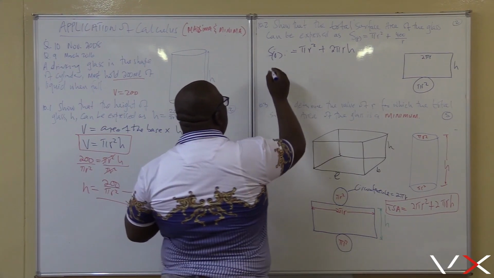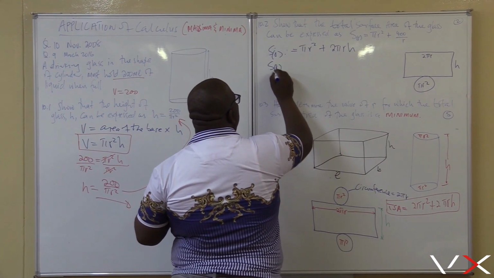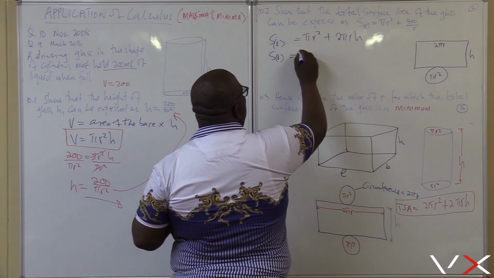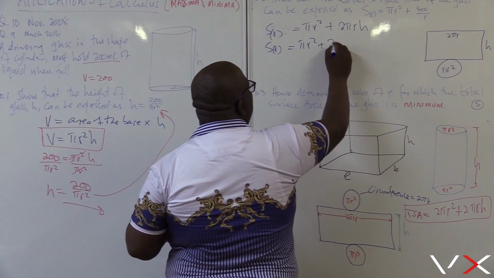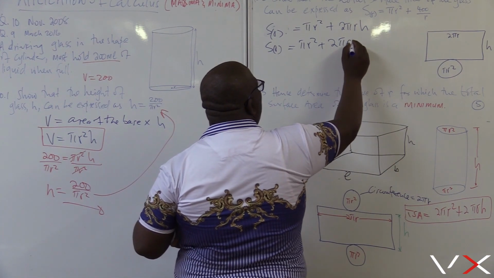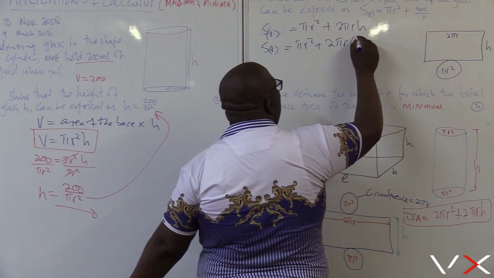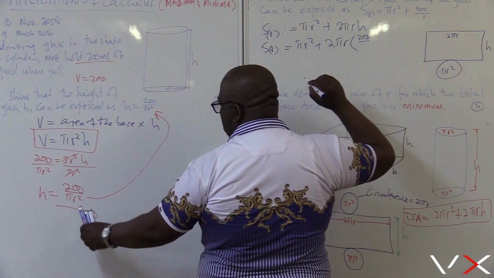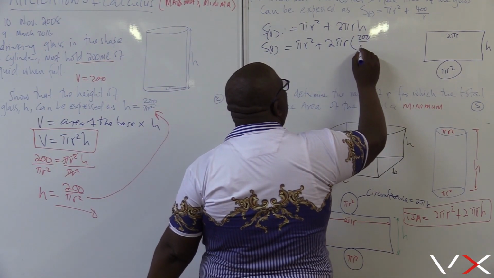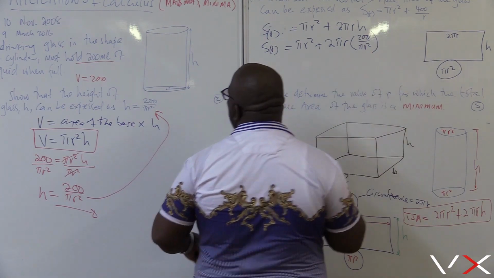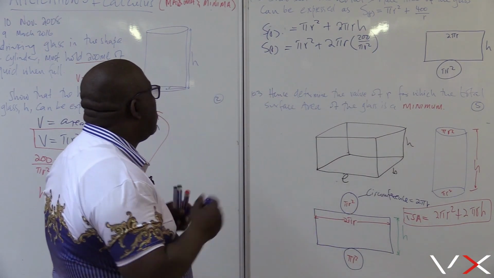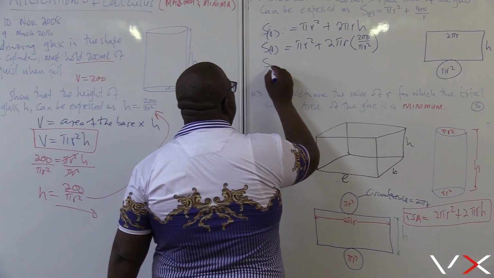So the surface area will then be equal to pi r squared plus 2 pi r times my h. What is my h that we found? It is 200 over pi r squared. That's my h. Then eventually we'll find the solution.